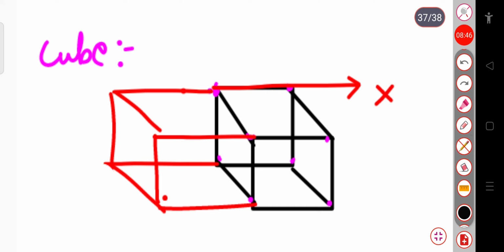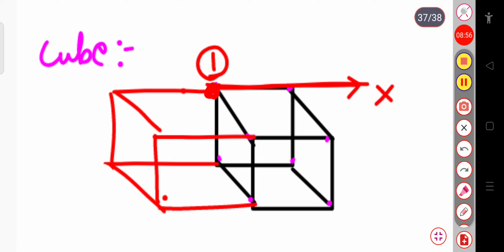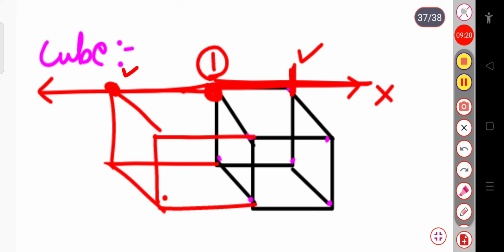Now you can see along this x-axis, I am considering this corner atom and its nearest neighbor. Along this direction, along this x-axis, the atom present here is the nearest neighbor. And again along the negative x-axis, the atom present next to this unit cell is another equidistant neighbor.